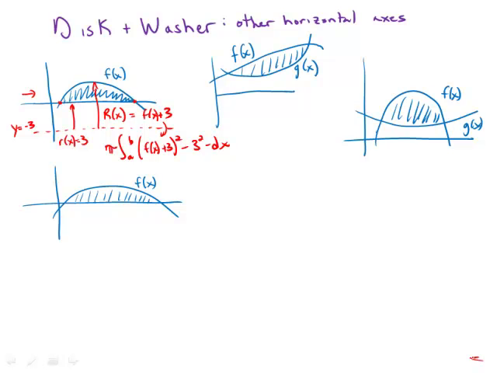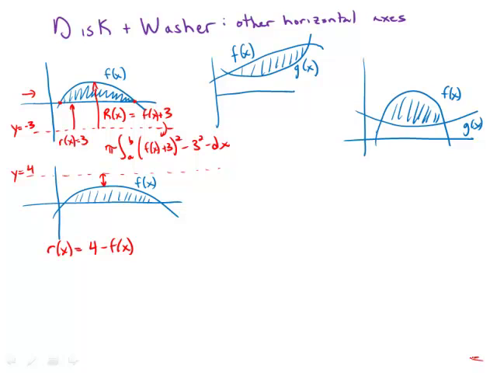Even stranger is if we're rotating it around a horizontal line that goes above the function. Okay, suppose this is the line y equals 4. Well, then the inner radius, r of x, technically it would be 4 minus f of x. 4 is bigger than f of x, so 4 minus f of x is the inner radius.